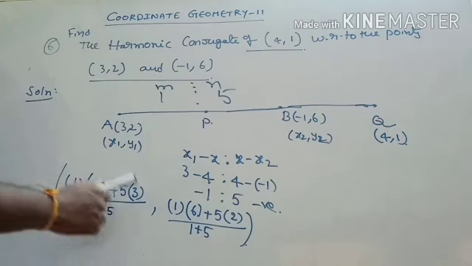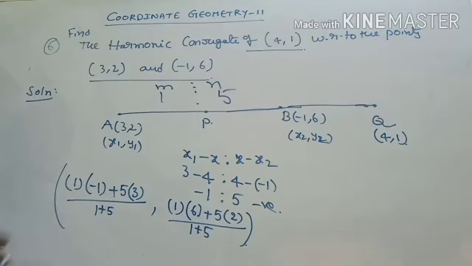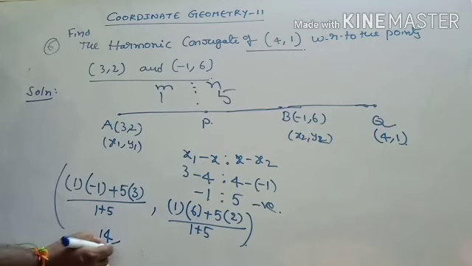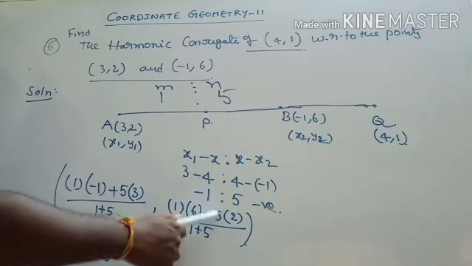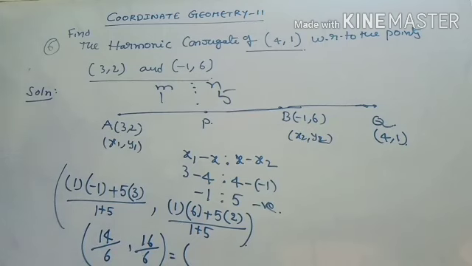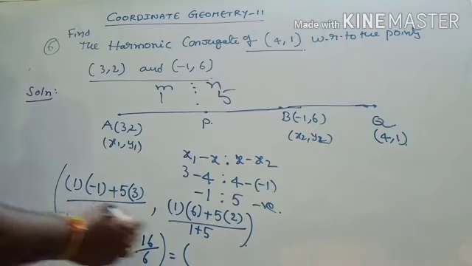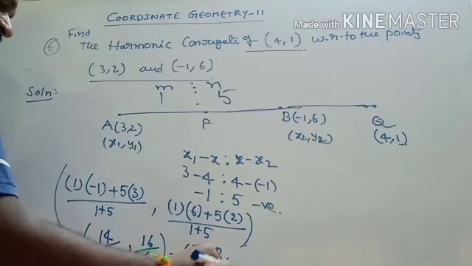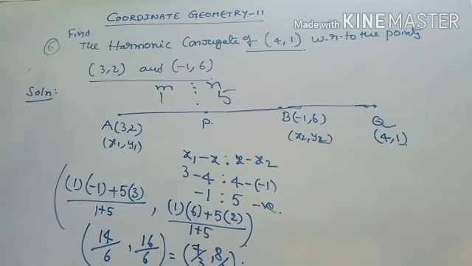This is now 5 plus 3. We have got it as 15 minus 1, that is 14 by 6, comma, this is 10 plus 6, this is 16 by 6, right? If we simplify this, 14 by 6 is nothing but 7 by 3, 16 by 6 is nothing but 8 by 3. That is the conjugate of 4, 1 with respect to 3, 2 and -1.